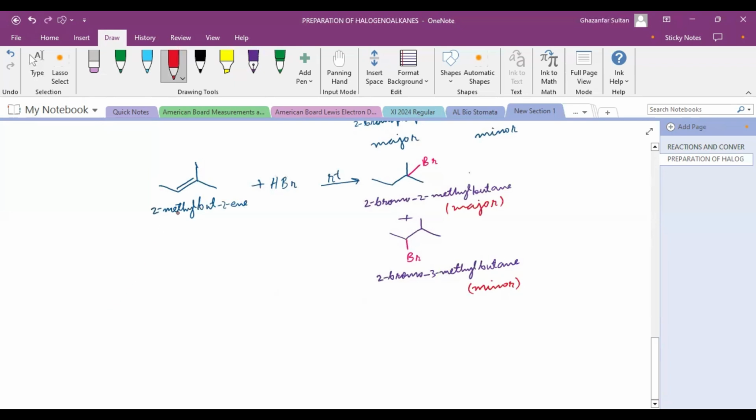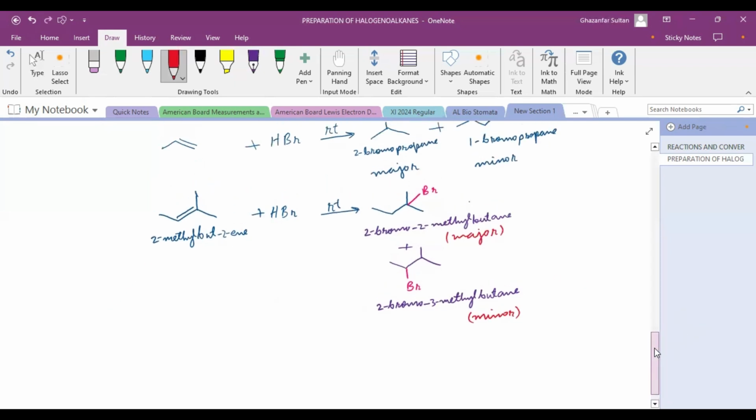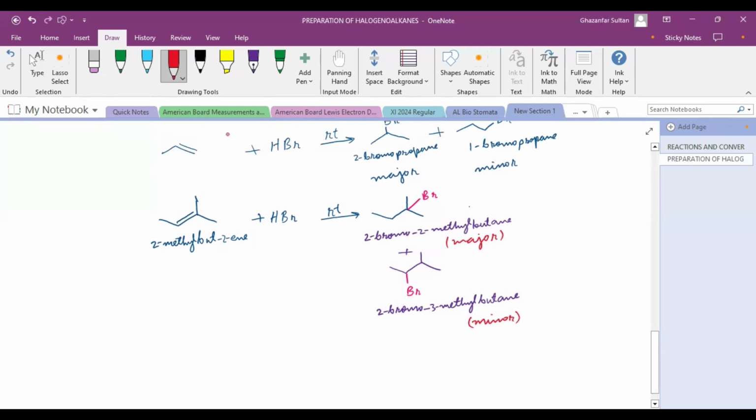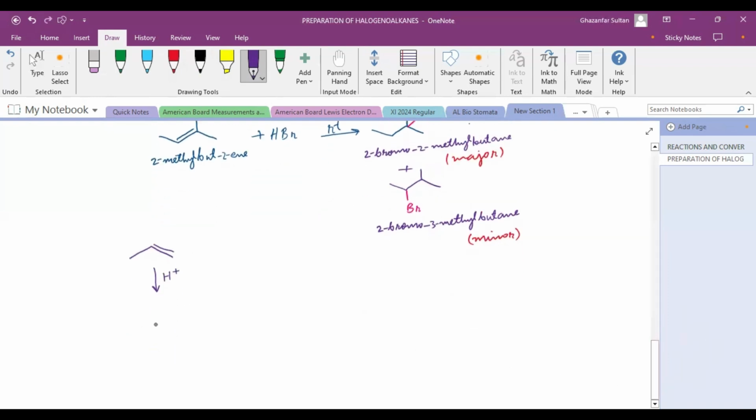So for the reason of regioselectivity, you can see the structure of propene. There are two possibilities because when you see the mechanism, first the hydrogen ion is added. So when hydrogen ion is added, there are two chances.